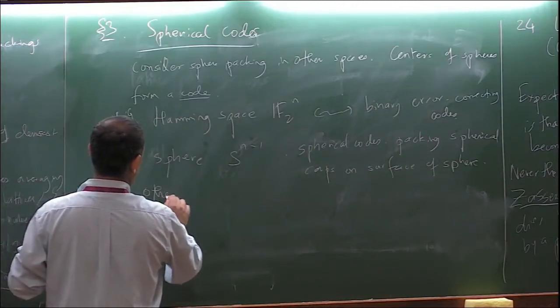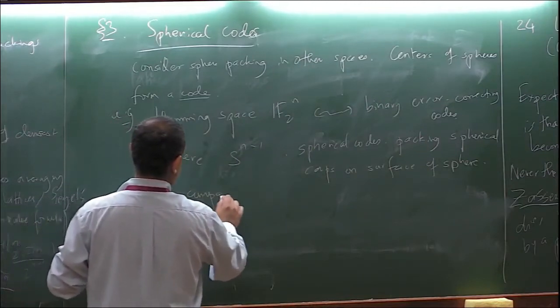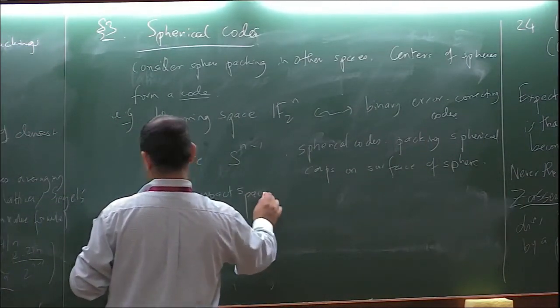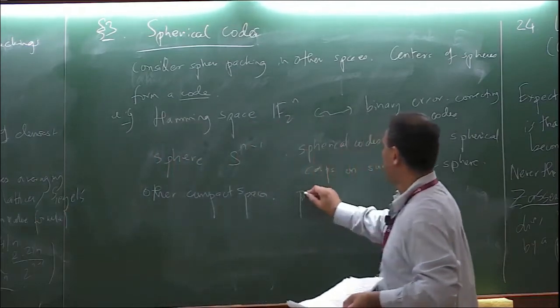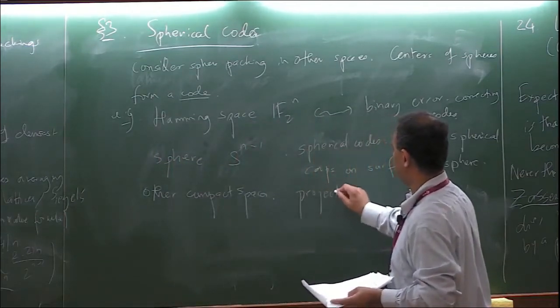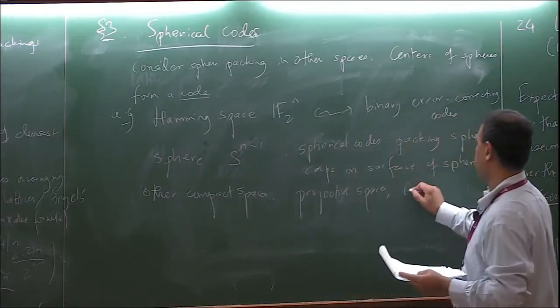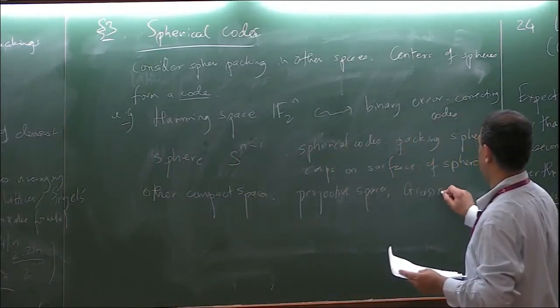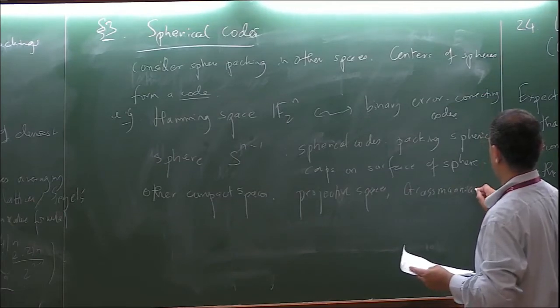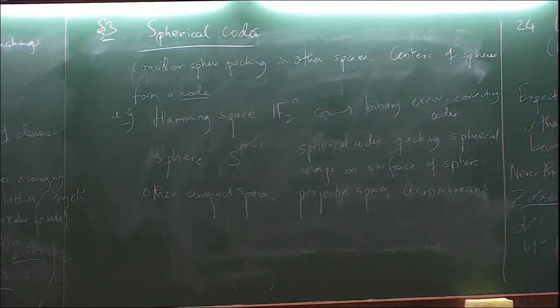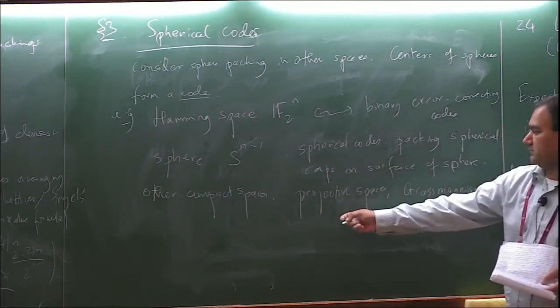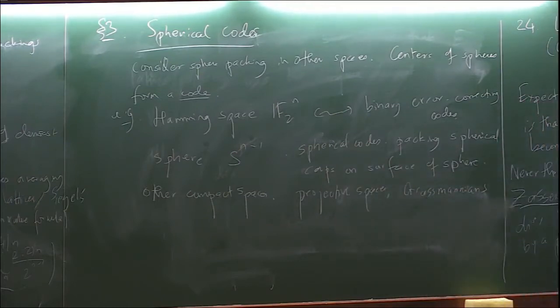Some useful ones that people actually use in real life are things like projective spaces and Grassmannians. I think there's an old paper, maybe Conway is one of the authors, where they're looking at codes in projective space, and there's an application to cancer, for instance.